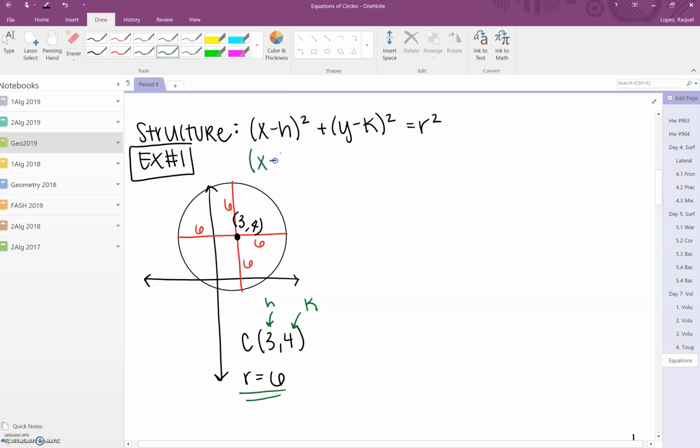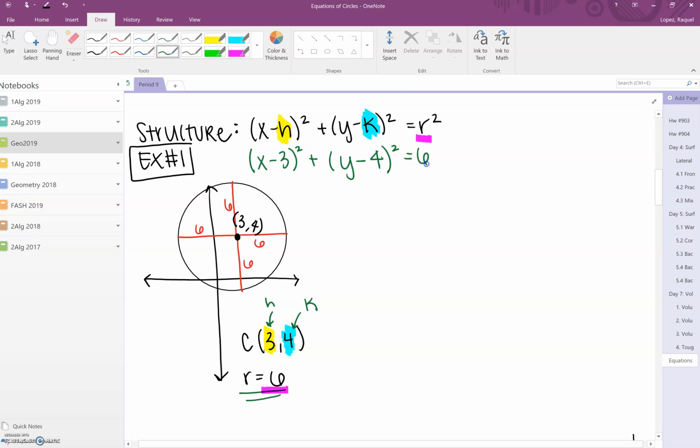So I have x minus 3, because I'm literally just plugging this value in for h, squared, plus y minus 4, plugging in this value for k, squared, and then I'm going to plug in 6 for r.